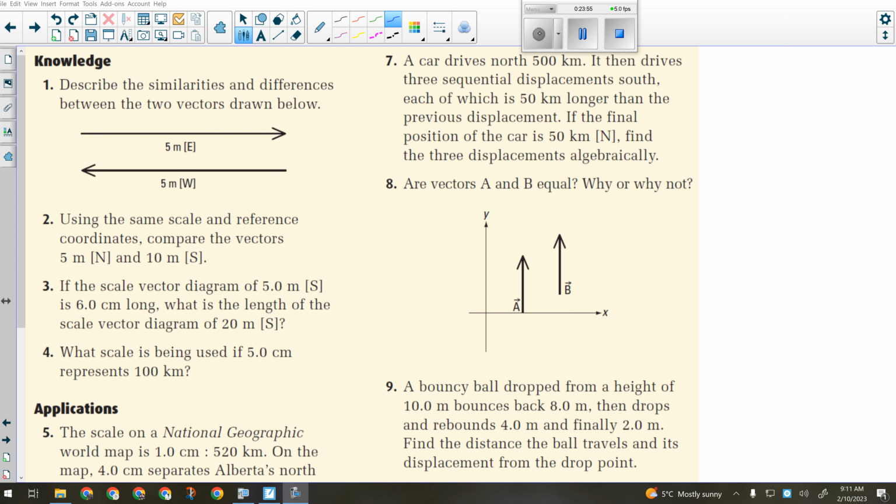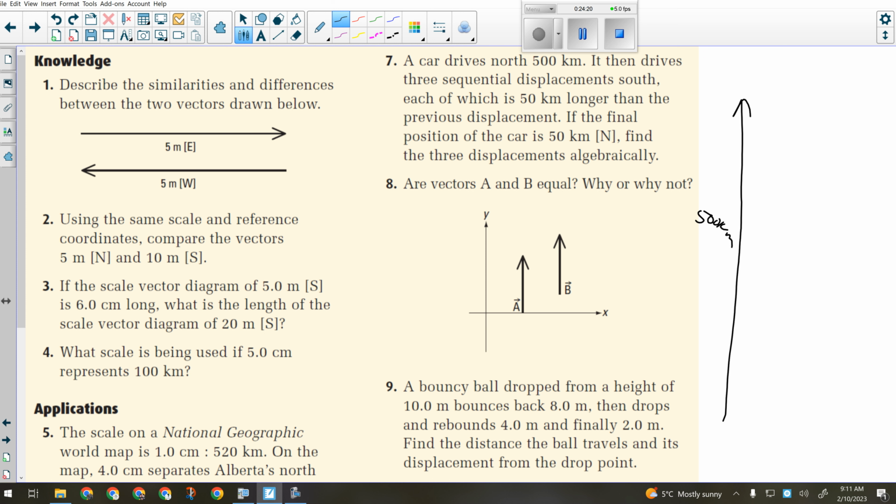We'll walk through it. So what happens with this one is we have this car that drives 500 kilometers north. And then it drives 3 sequential displacements south, each of which is 50 kilometers longer than the previous displacement. The final position of the car is 50 kilometers north.